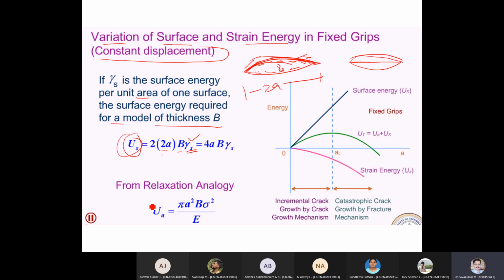So how much is created because of this particular crack? Two new surfaces: 2 into the area, 2A into B, into gamma S. This is the total energy created because of the two new surfaces, which is equal to 4A B gamma S.